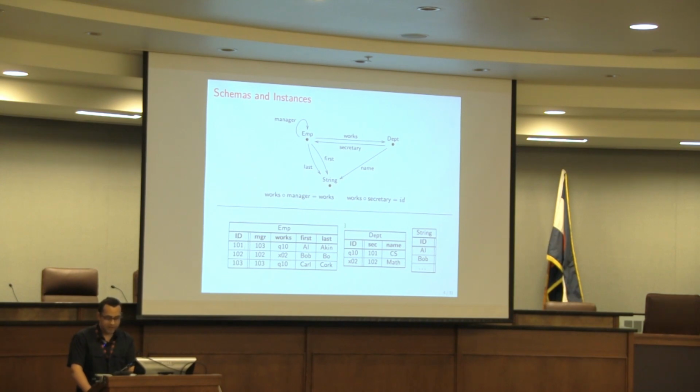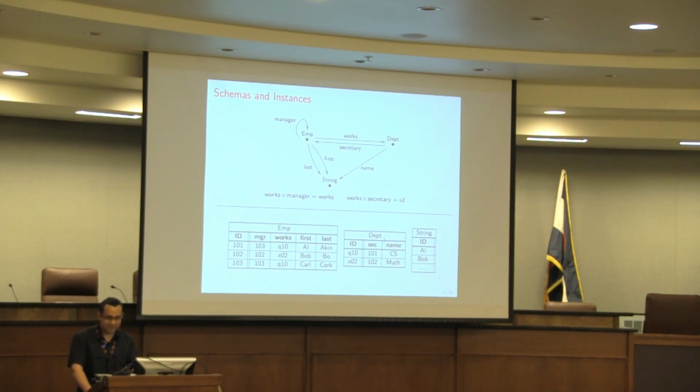There's 3 here. And the IDs of your departments. There's 2 here. And then there's 1 column for each edge going out of that node. So they're abbreviated here a little bit, but this means that employee 101, their manager is employee number 103. And 101's name is Al Aiken, and you also have a Bob Bowe and a Carl Cork, very imaginative names.